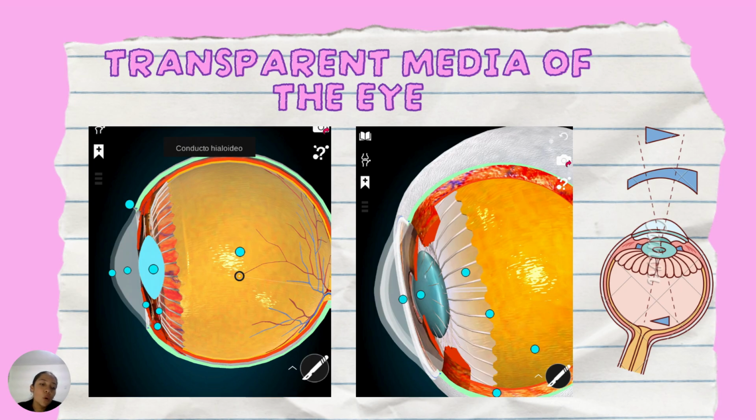Then we have the vitreous humor, that is in yellow color in the video, and in real life is a transparent gel that fills most of the posterior segment of the eye, maintains the shape of the eyeball, and also supports the retina during different movements or traumas that we have in our eyes.